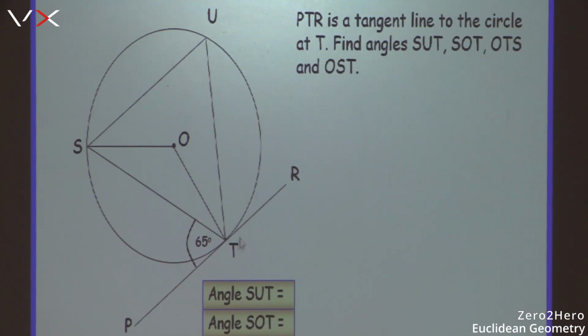And this one is a tangent, and this one is a chord. The angle between a tangent and a chord is equal to the angle in the alternate segment. So SUT will be equal to 65 degrees, the tan-chord theorem, or alternate segment. That's one. So we do have this angle as 65.